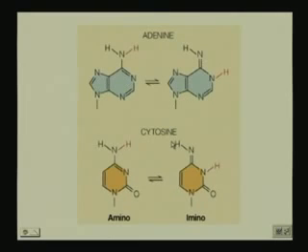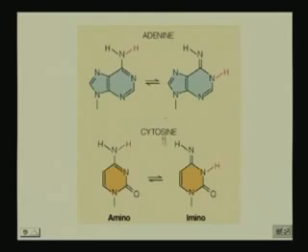So, that is the difference in the type of tautomerization that you can see in A and C. What is the type of tautomerization you see here? It is an amino-imino type of tautomerization, where your hydrogen is shifted from the amine group to form an imine. So, we have this H shifted in cytosine.